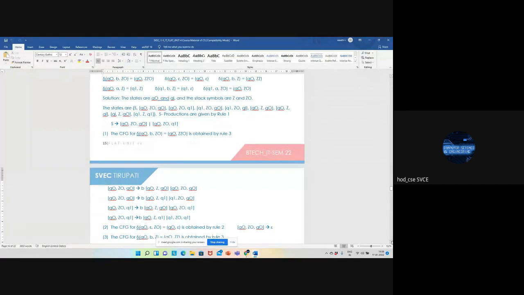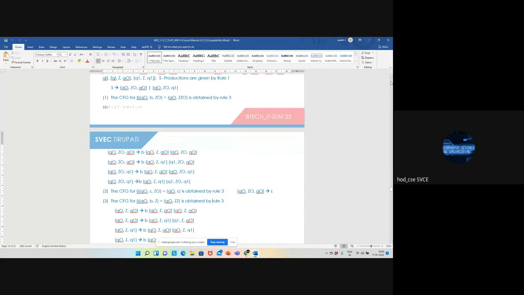And for δ(q0, Z0, q1), similarly [q0, Z0, q1]. So likewise we have to apply this for all these productions. Then the production for δ(q0, ε, Z0) = (q0, ε) is obtained by using the second rule, and δ(q0, b, Z0) = (q0, ZZ0) is obtained by using rule 3.